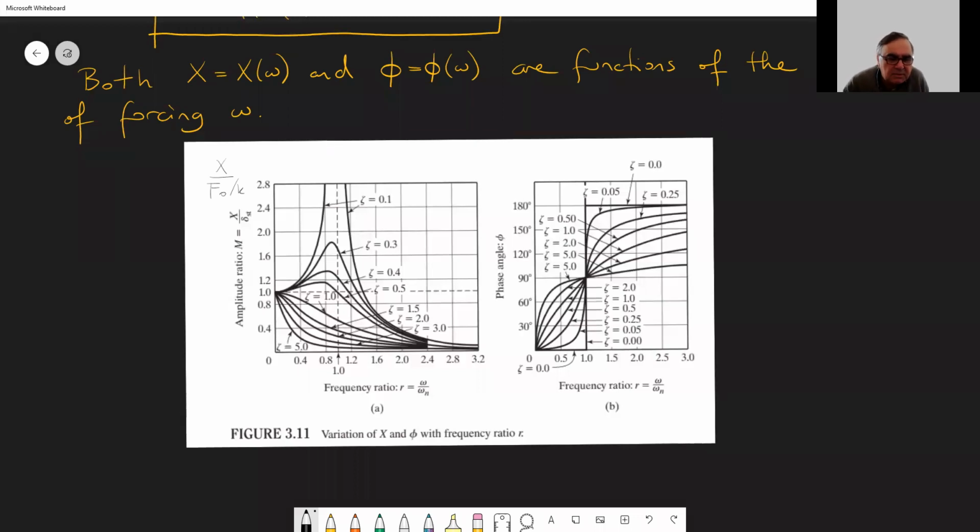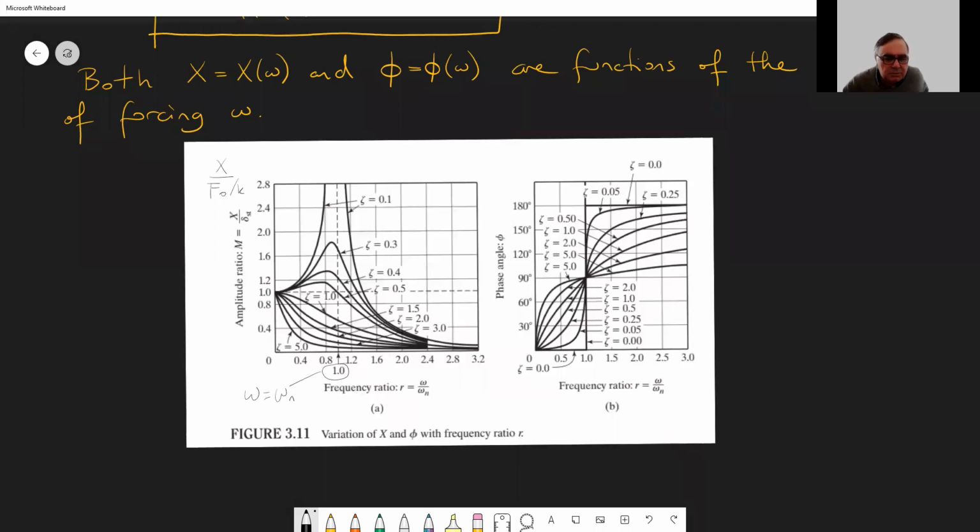As you see, you have a family of curves for zeta values. For low damping, as the frequency of vibrations increases, at some point the amplitude becomes very large. And that is where omega equals omega n.